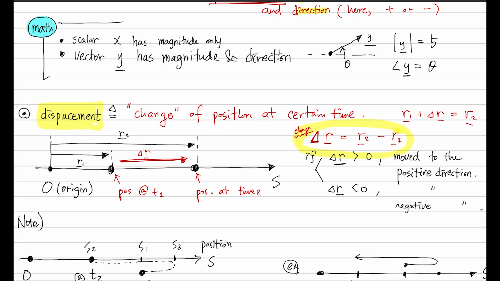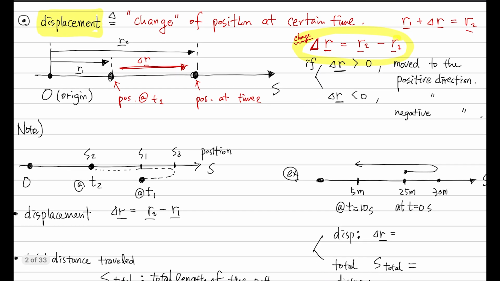You might feel I'm repeating something super simple, but there's a reason I'm doing this, because later on it will be a little bit more complicated. Still a simple idea, but the numbers and the representation are going to be complicated, so you get lost. But originally, it's a very simple idea, okay? So you're at position 1, and you change, so it becomes position 2. And that change is called the displacement, all right?